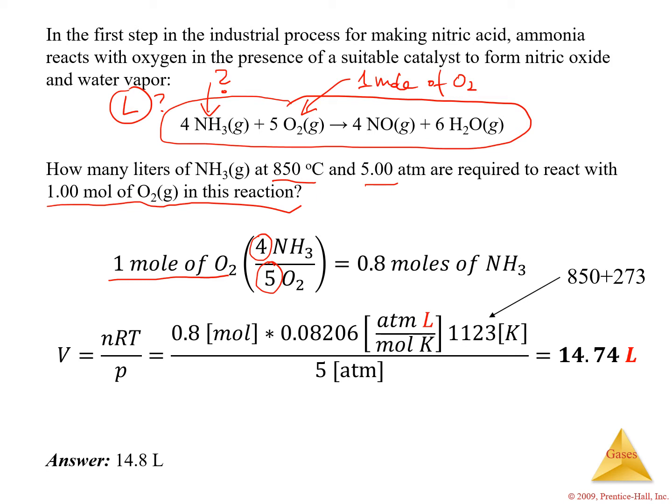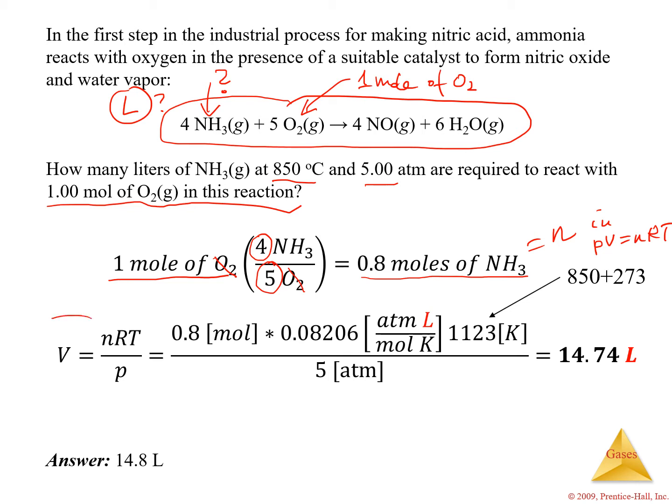Notice its construction is such that the oxygen information can be cancelled and replaced with ammonia information. So 1 times 4 over 5 gives you 0.8 moles of ammonia. And this is nothing else but the n in PV equals nRT.